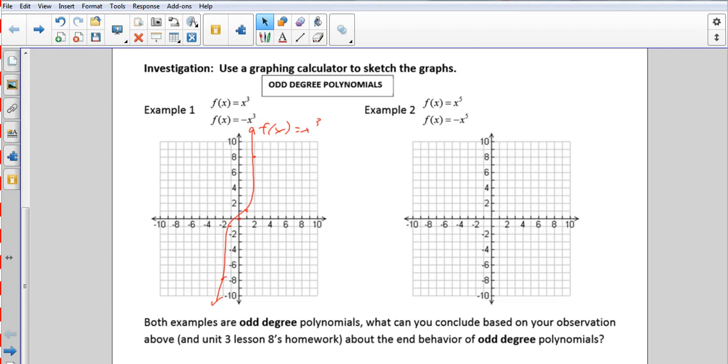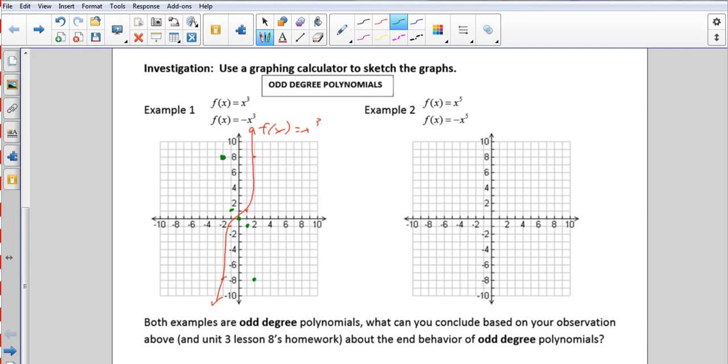That is f of x equals x cubed. Now, if we went back in and put a negative in front of our x cubed and graphed that, it would go the opposite direction. So in this case, we would have points negative 1, 1, 1, negative 1, and 0, 0 again, and 2, negative 8, and negative 2, positive 8.